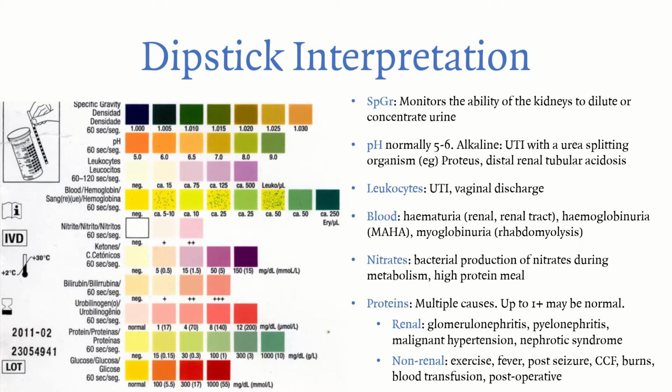You can see if there is blood there. You can see if there are nitrates, which is nitrates are usually present when bacteria are present. You can see the presence of proteins. Proteins in the dipstick can have many causes, and they could be renal or non-renal, as you can read from here.